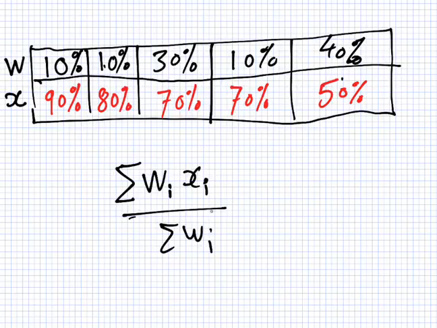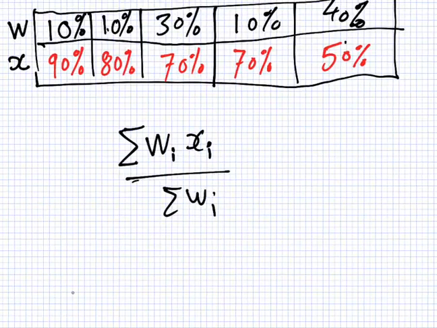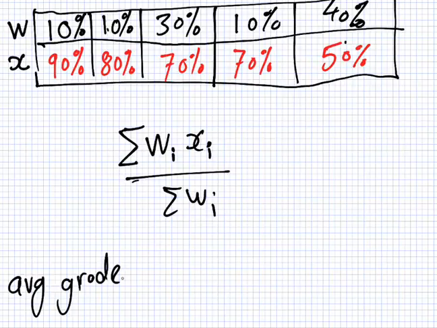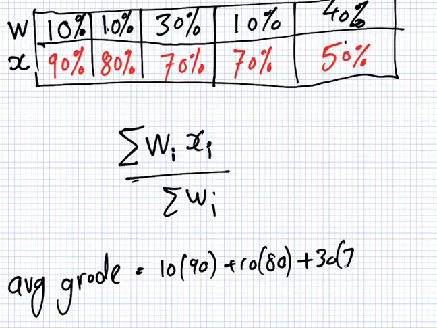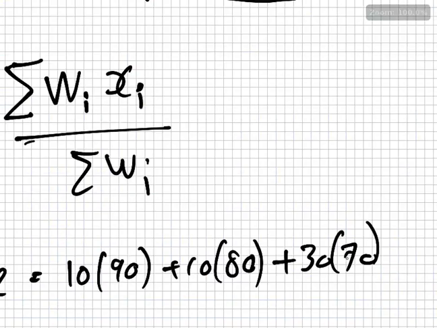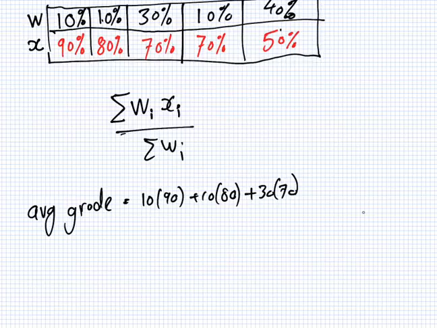So in this example, the student's average grade, which is also their final grade, would be 10 multiply 90 plus 10 multiply 80 plus 30 multiply 70 plus 10 multiply 70 plus 40 multiply 50.